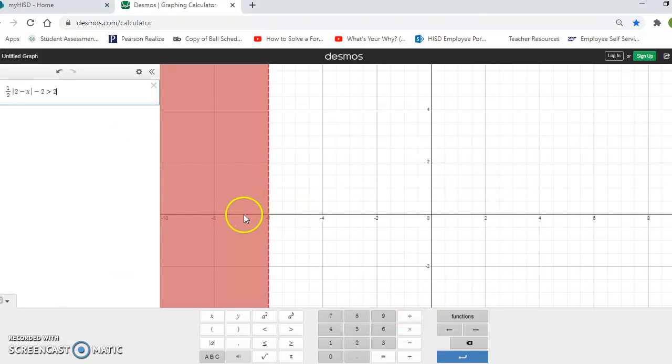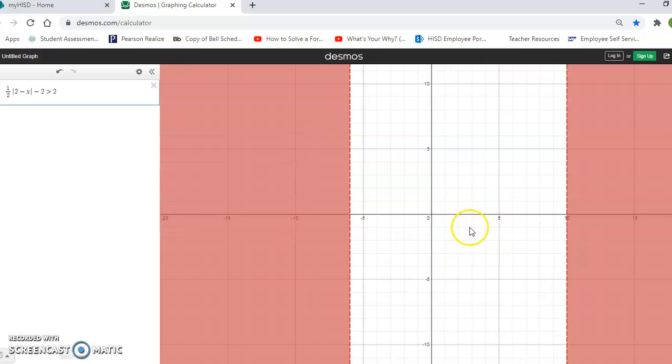Now, if I see only one region, I can always zoom out and I can see my two regions, and you can clearly see that this is an OR inequality.